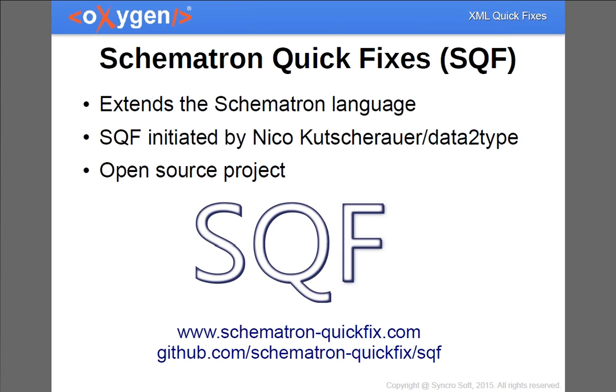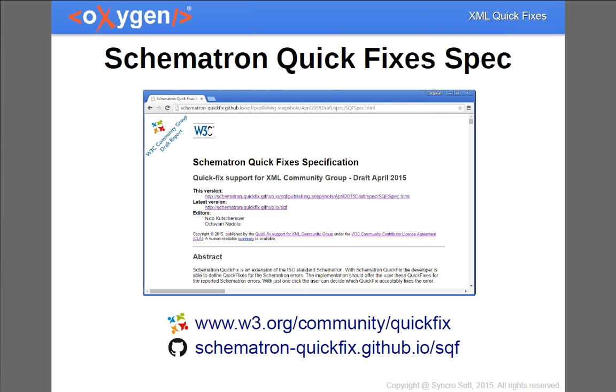So all these fixes are written in the Schematron Quick Fixes language. It's an extension language of the Schematron and was initiated by Nico Kucherauer from Data2Type. He also has an open source project on the schematronquickfixes.com website, and there is also a specification on GitHub, and the first draft was released on the W3C community group.